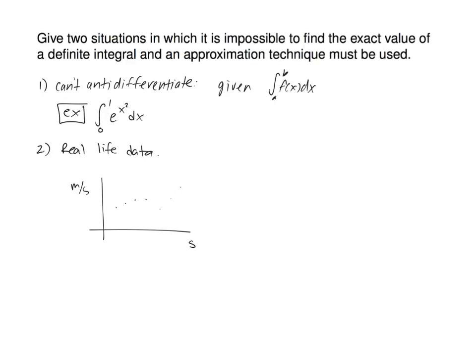You have all these dots, but you don't actually have an equation. In that case, you may also want to estimate, when you have discrete data that's only from specific points. Those are two situations that I can think of.